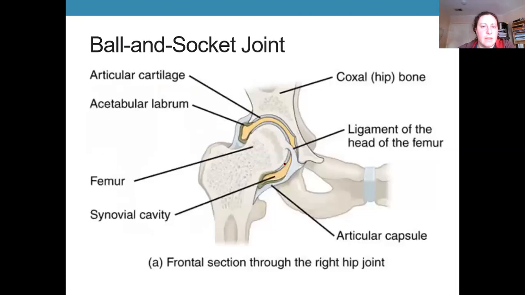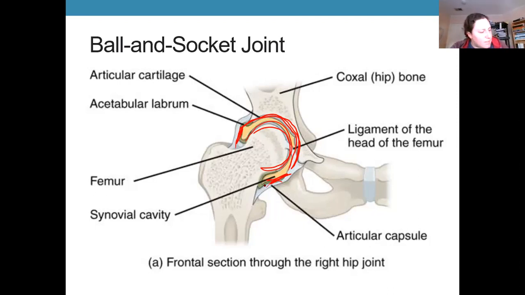Okay, and then the hip. So here's the head of the femur. Here's the socket, which we call the acetabulum. It's a bit deeper, and so it's a tighter fit, and our range of mobility is actually less at the hip than it is at the shoulder. But that's good because the downside to having a really high range of mobility is the risk of dislocation.